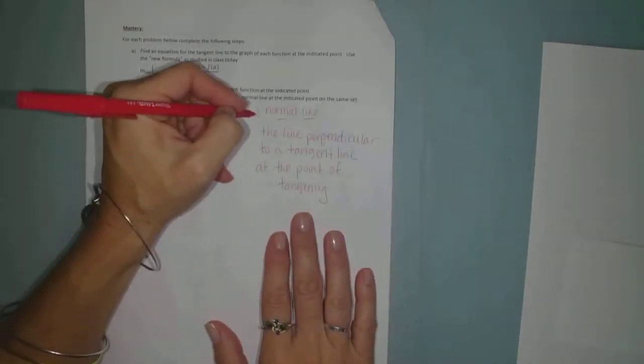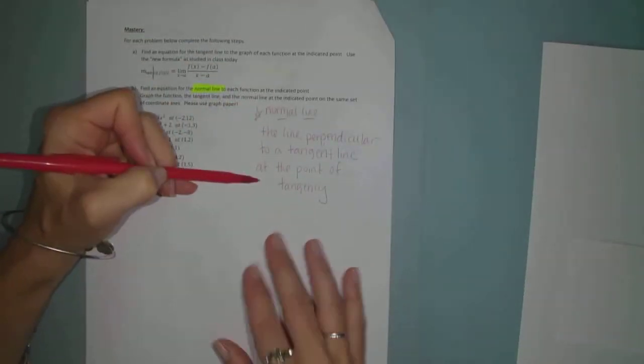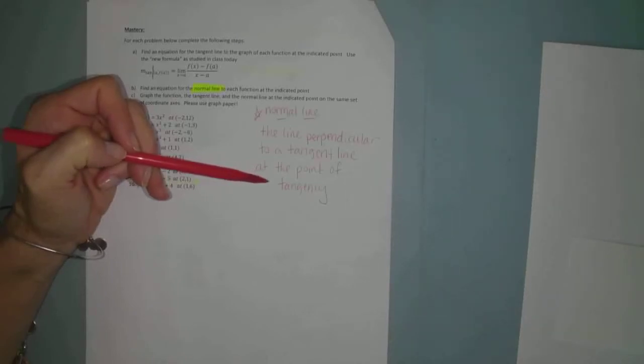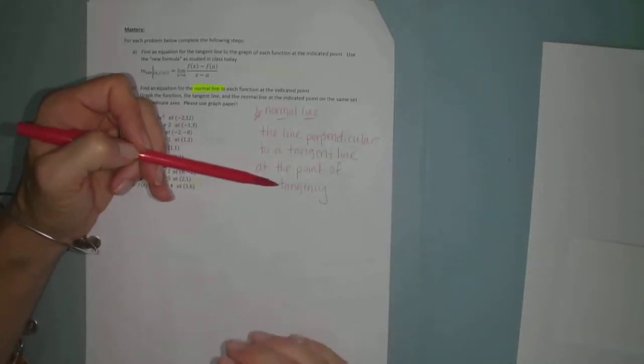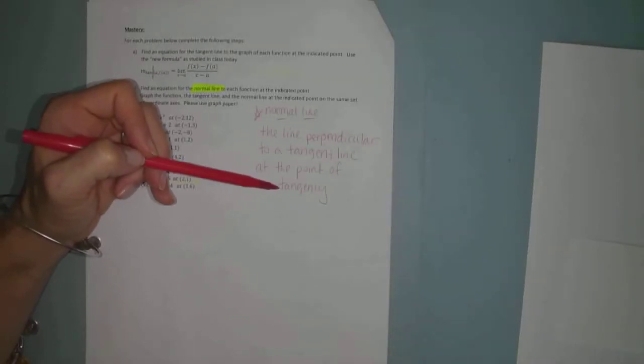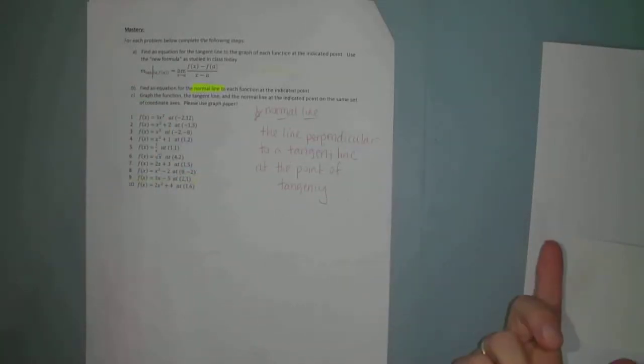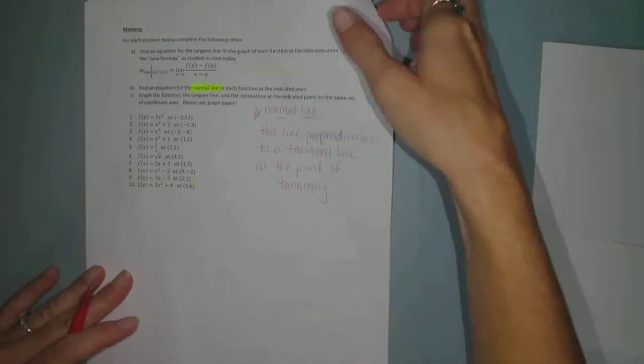So basically, to find a normal line, you have to write the equation of the tangent line and then take that tangent line equation and write the equation of the line perpendicular to it at the point of tangency. So why don't we just do number 1 together?